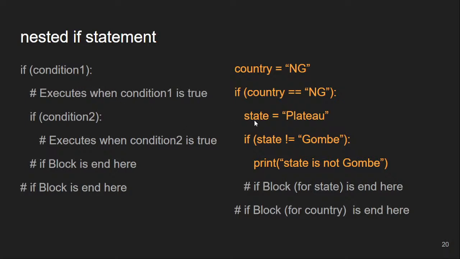In this example, you see that we have two if statements. This if statement is checking country, and this if statement is checking state. You can see that this is tabbed, right? It's under the same indentation as this statement. So that means that it is a child of this if block. All right. So I hope we understand everything up to here.